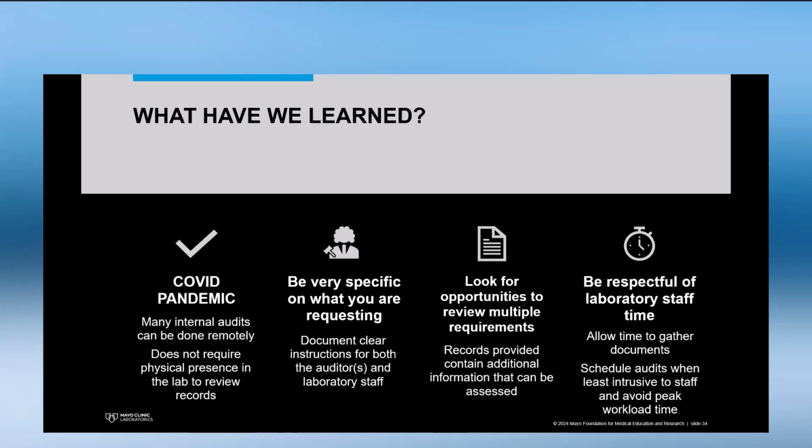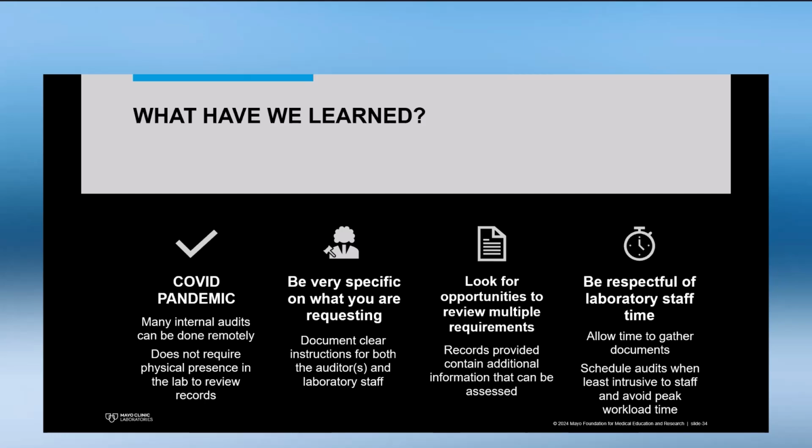So what do I mean by that? When you develop your audit plan and you decide what records you want to review, that is the time when you can determine if by asking for that specific record, would there be an opportunity to look at other things on that record that also have specific requirements?